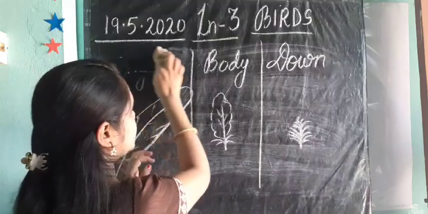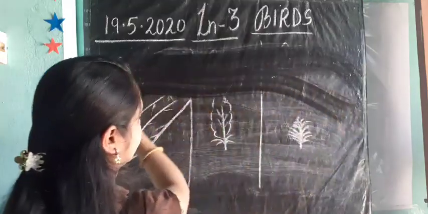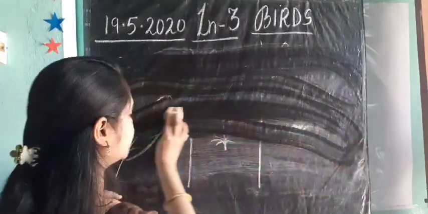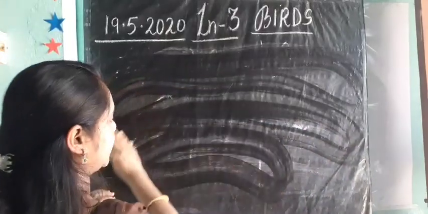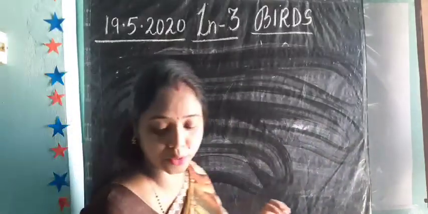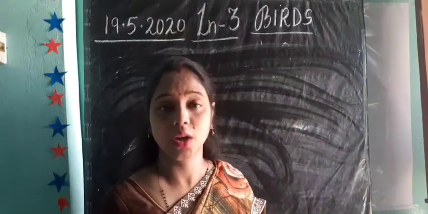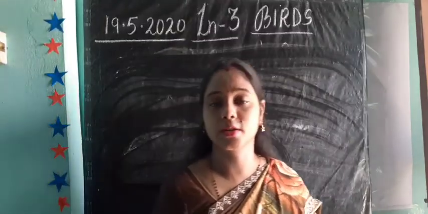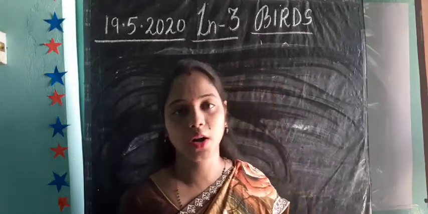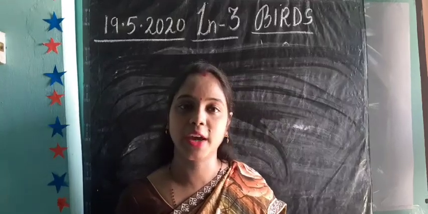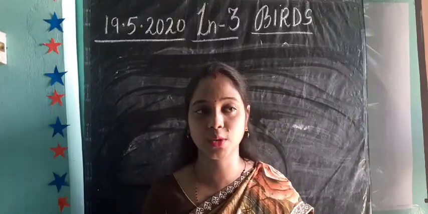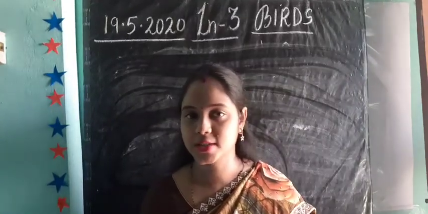Good. If there is any doubt or any hard word, please underline it in your book, and you can take the help of a dictionary, or you can ask your parents also. Or you can wait for us. When school reopens, we will discuss all the things.